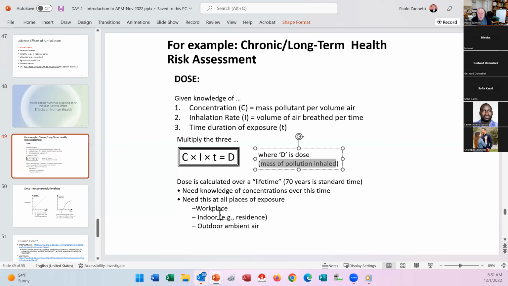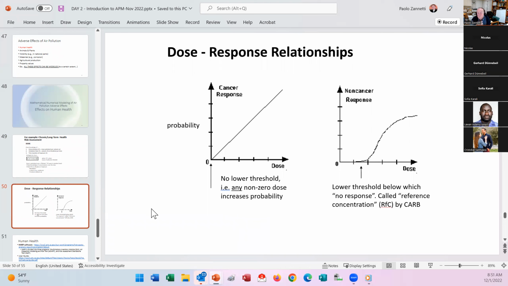Once you have the dosage, the next step is to choose dose-response relationships. And again, these are models, simple models, that correlate the dose with the probability of getting cancer or the probability of getting other diseases, non-cancer, but there are formulas like that.